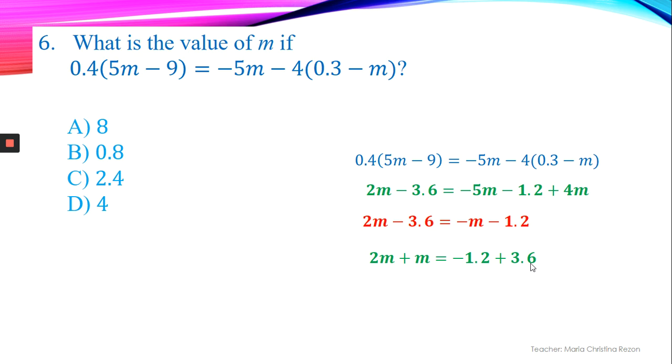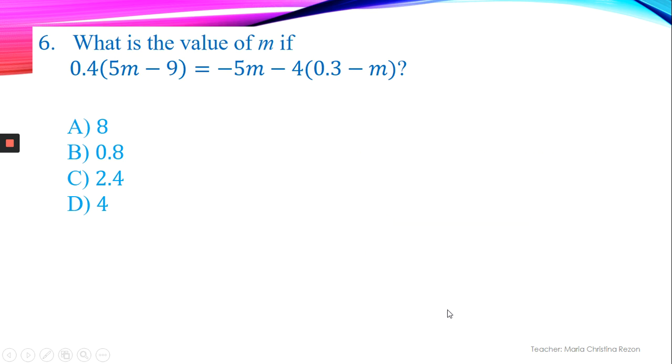And then you will have 3m is equal to 2.4. You divide the whole equation by 3, so that makes m equal to 0.8. And our answer is letter B. Number 7.